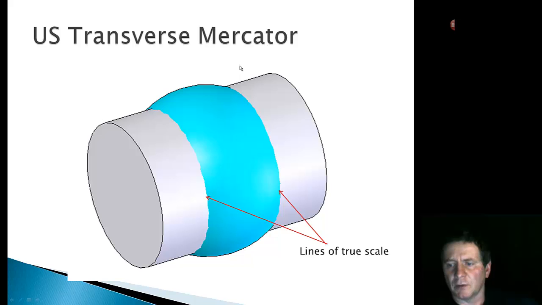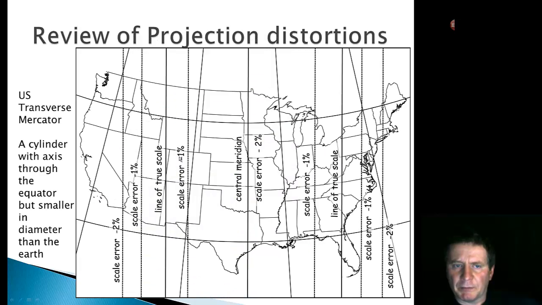Sort of a visual here. This is transverse Mercator, so what you're going to do is get lines of true scale. So we slice a cylinder through the earth, but the cylinder is a little bit smaller than the earth. So we have a true scale here and a true scale there. And we take the transverse Mercator for the entire U.S., and that would be a true scale line here.